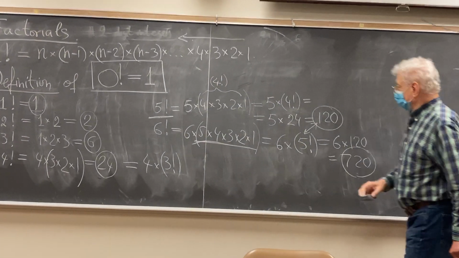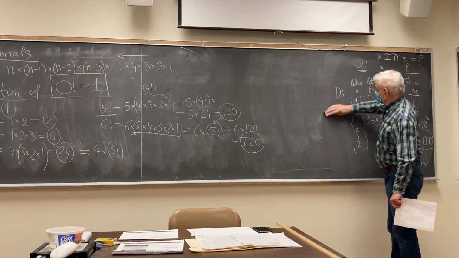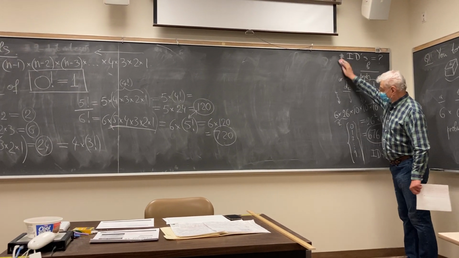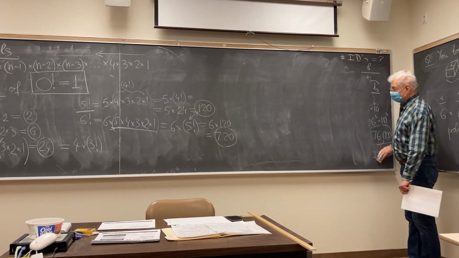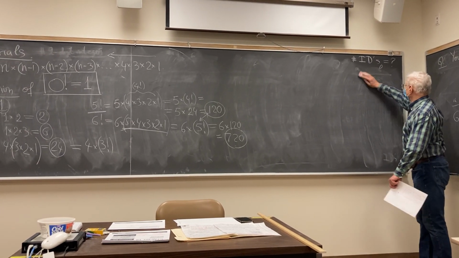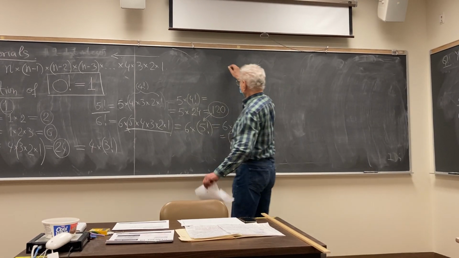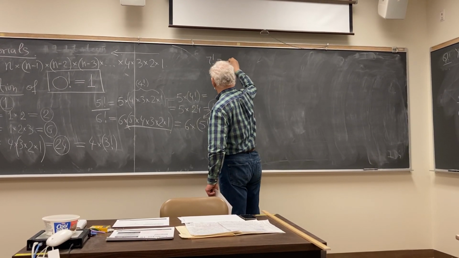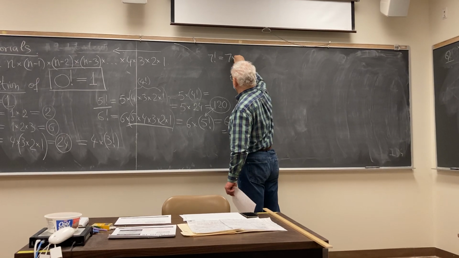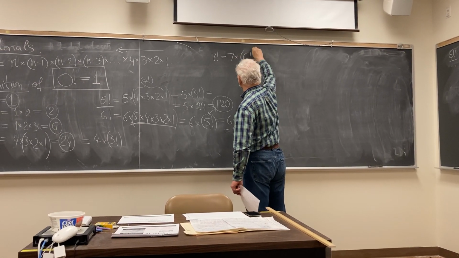Now you understand what you have to do for 7 factorial. You have to take 7 and multiply by the previous number, 720. Let me just write it down. 7 factorial equals 7 times 6 factorial.